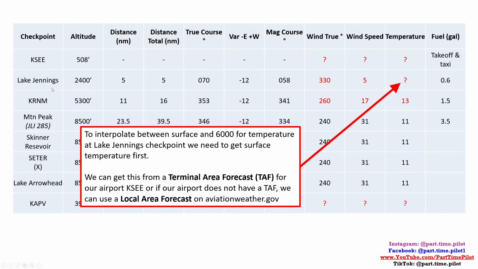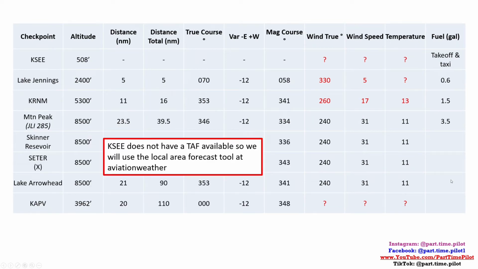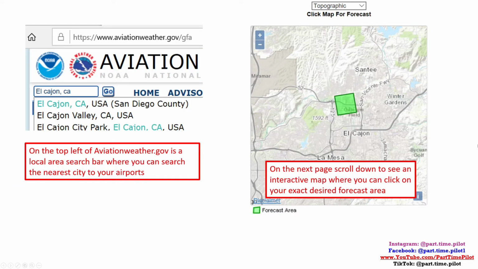KC does not have TAFs, so we're going to use a local area forecast to get the temperature at our surface so that we can then interpolate between KC temperature and the temperature at 6,000 feet of 13 degrees. So we're going to use the local area forecast tool at aviationweather.gov.